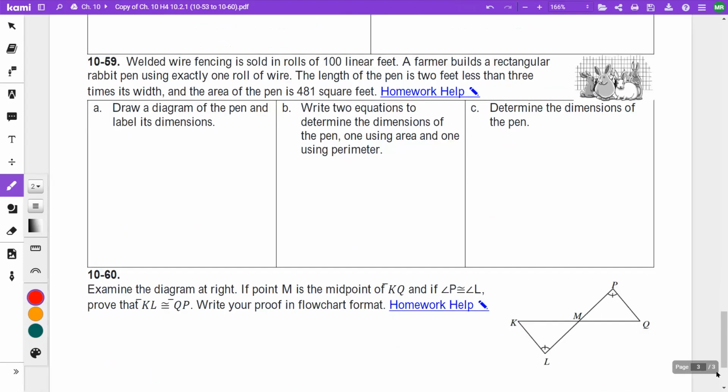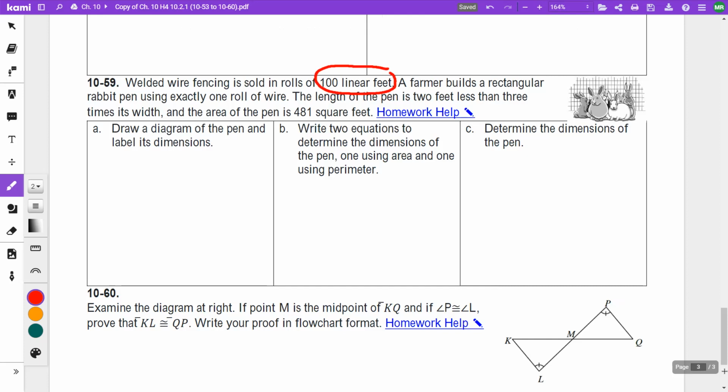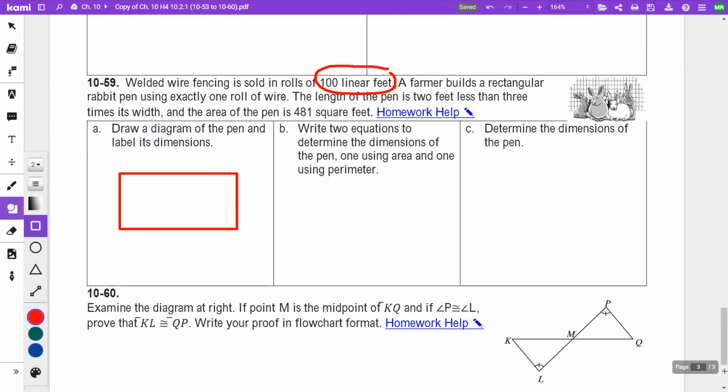We have a wire fencing sold in rolls of 100 linear feet. So that's like your perimeter, if you want to think about it that way, or circumference, depending on what shape we're doing. A farmer builds a rectangular pen. And we know that the length of the pen is 2 feet less than 3 times the width.